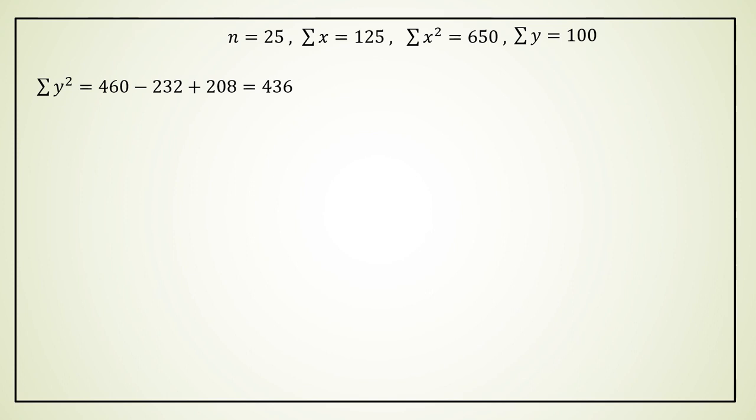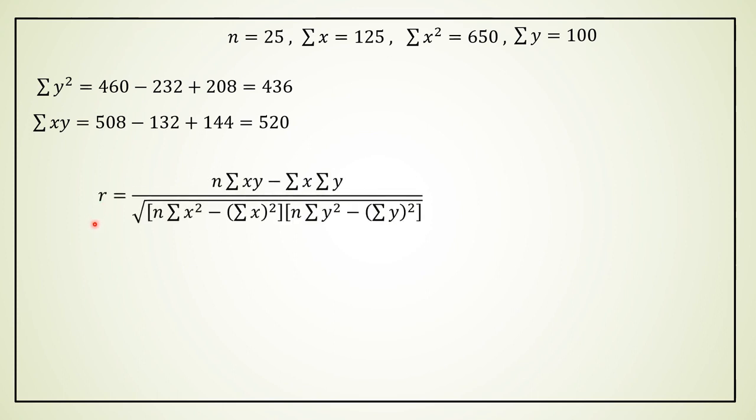Hence the correct value of summation y square is 436 and the correct value of summation xy is 520. Therefore, the coefficient of correlation can be calculated using the formula r is equal to n into summation xy minus summation x into summation y, divided by square root of n into summation x square minus summation x whole square, into n into summation y square minus summation y whole square.